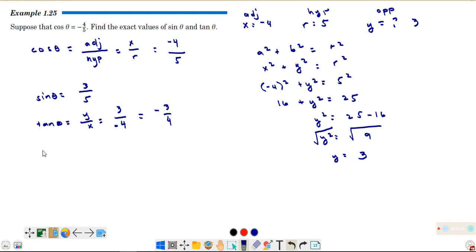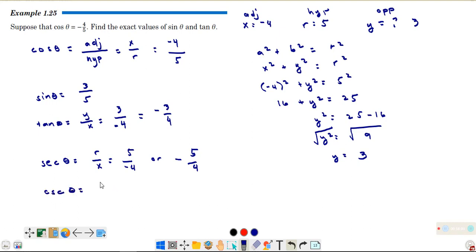Punta tayo kay reciprocal nitong cosine ay secant. Secant theta. This is r over x, which is 5 over negative 4 or negative 5 over 4. Reciprocal ni sine, cosecant.